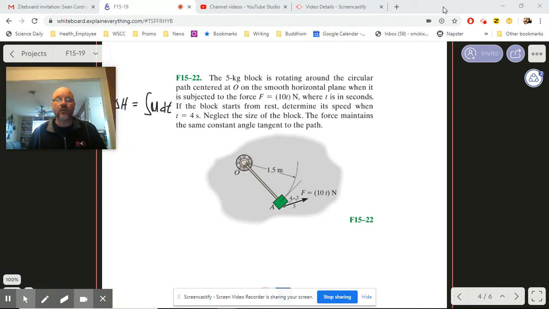Okay. So we're still looking at that, which means in the end, to find H final, we're still going to be looking at that initial angular momentum plus my impulse here, just like that. Okay. So from that perspective, it's identical to the one that we just did. Okay. All we got to do is adjust a little bit.